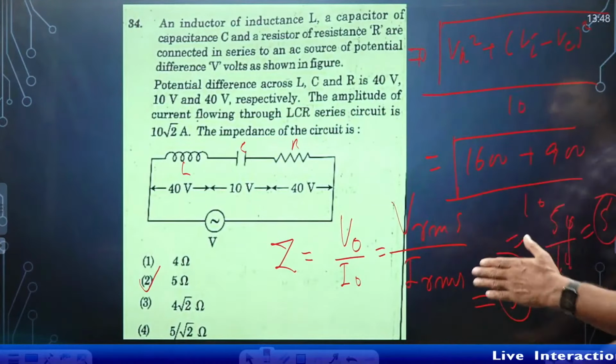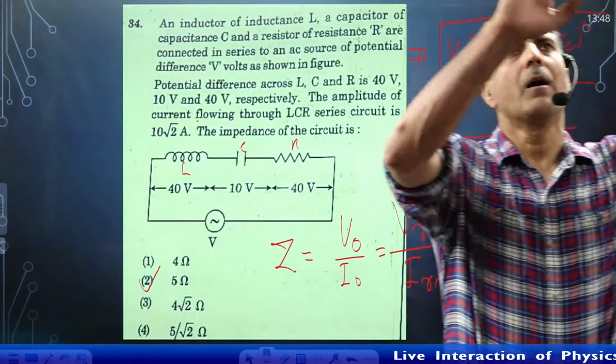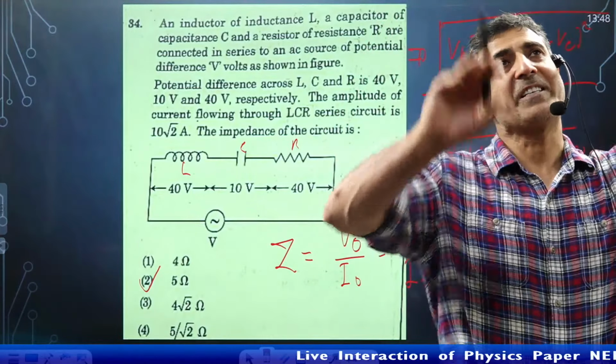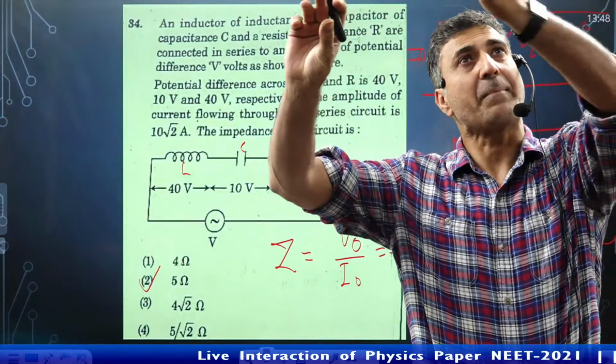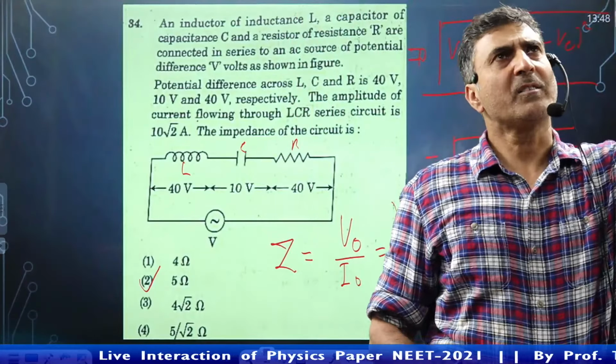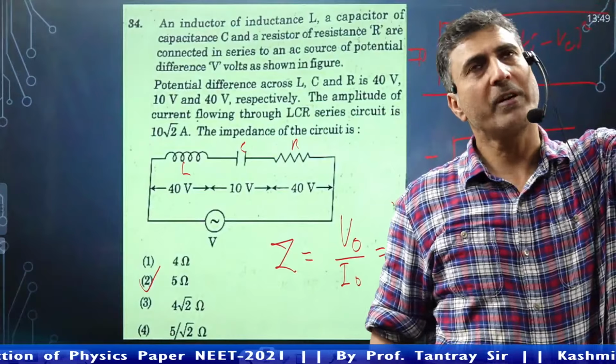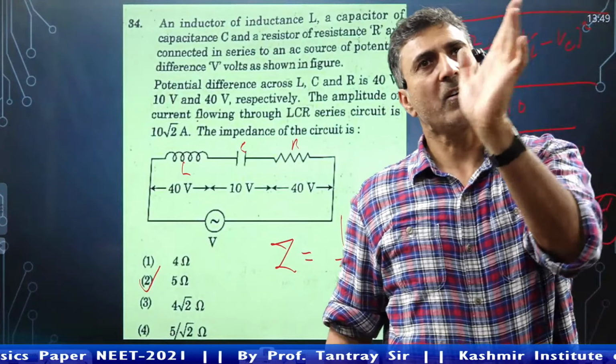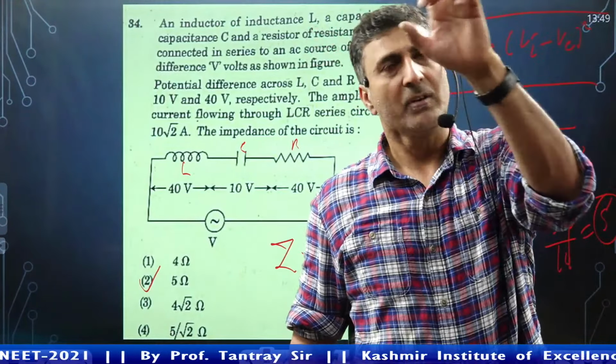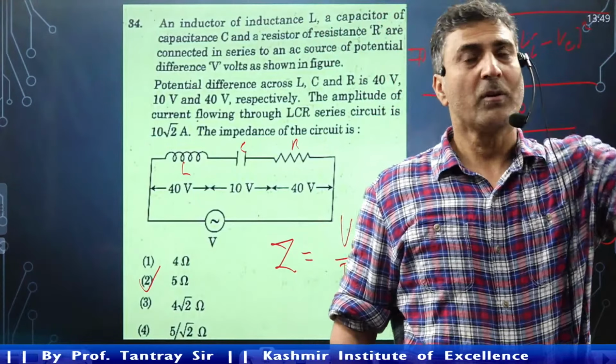This is the rule, because when you apply AC voltage across an inductor, resistor and capacitor, you don't write the sum of the voltages V1 plus V2 plus V3. No, you write root of voltage across the resistor square plus voltage across the inductor minus voltage across the capacitor, square of that, and you get a root of that.